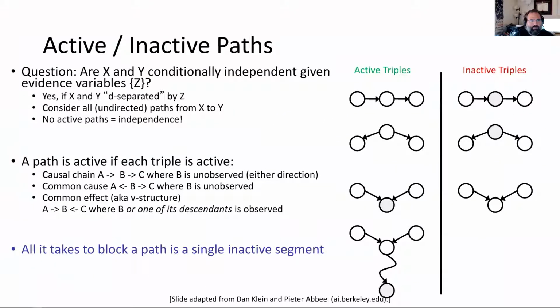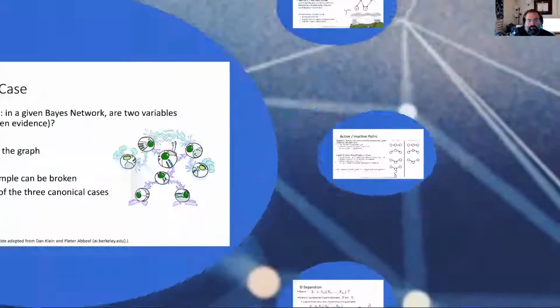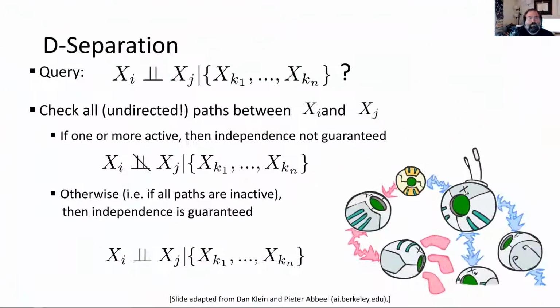Active, inactive paths. Are X and Y conditionally independent given evidence variable Z? In calculating through active versus inactive paths, we look for something that is basically not blocked, right? So if you have a block, then it's going to mess up the active segment. And then this concept of d-separation: basically check all undirected paths between X sub i and X sub j.